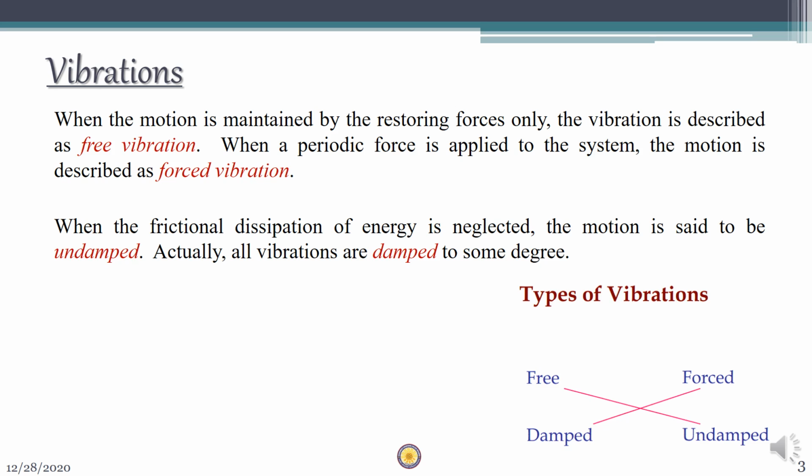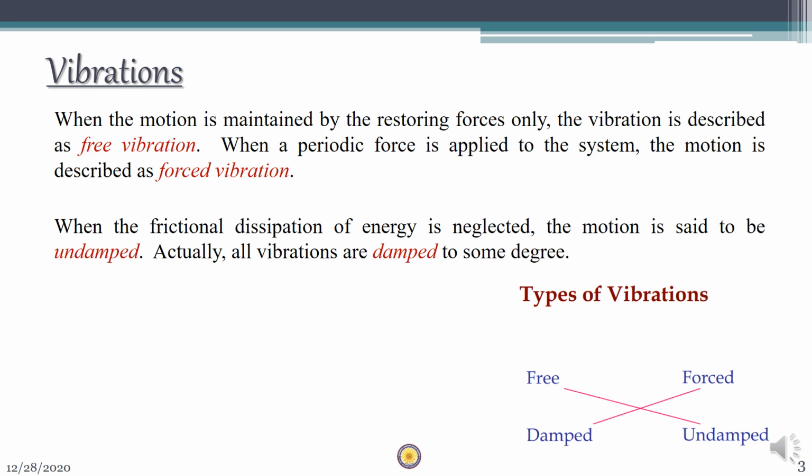Also, based on damping, vibration can be either damped or undamped. Damping basically means any resistance. It can be caused by friction, viscosity of air, or some mechanical energy dissipation mechanism. So damping is nothing but an energy dissipation mechanism.